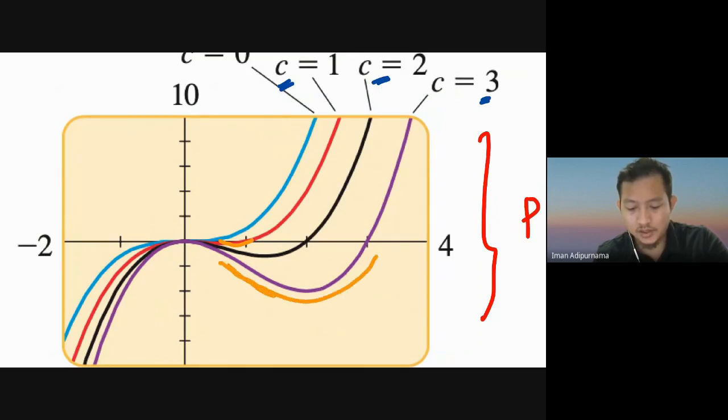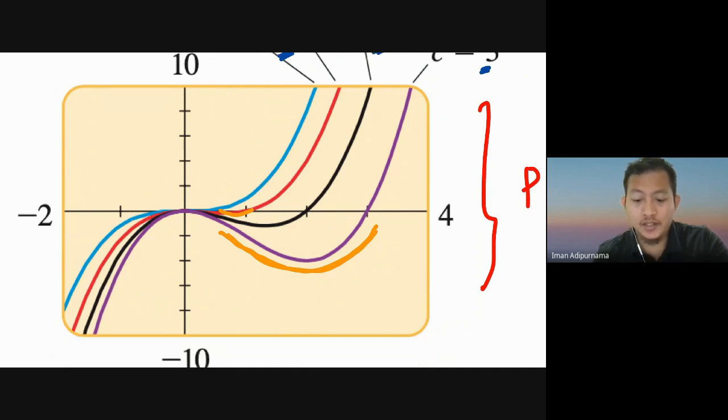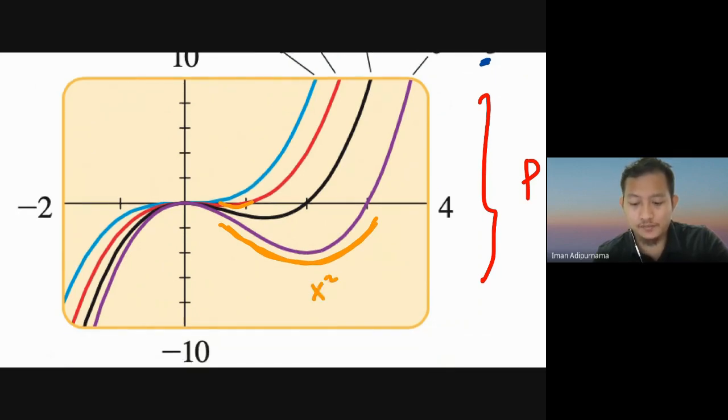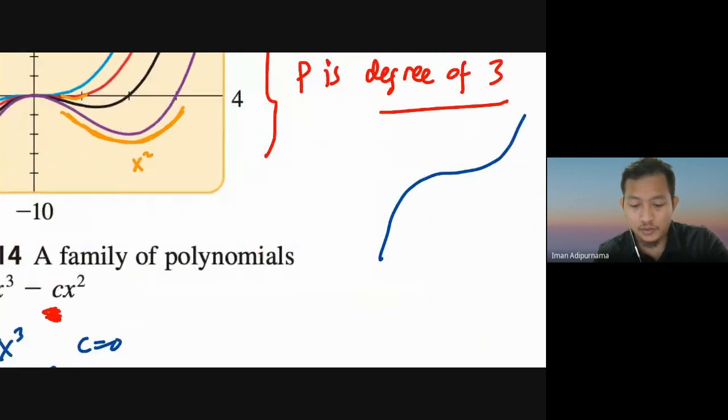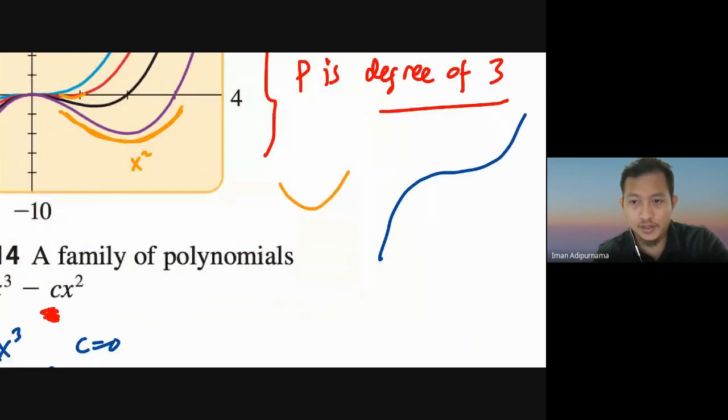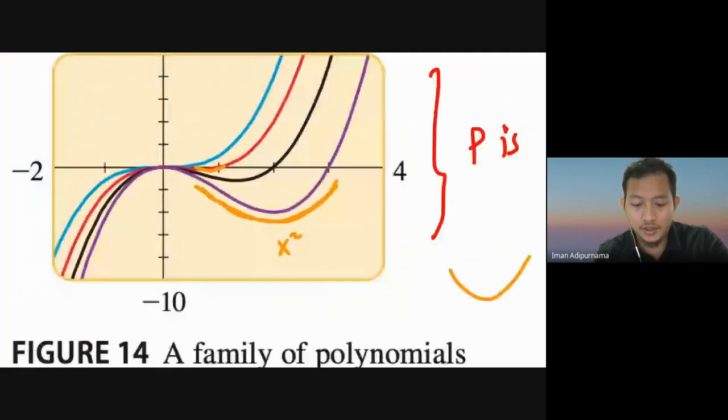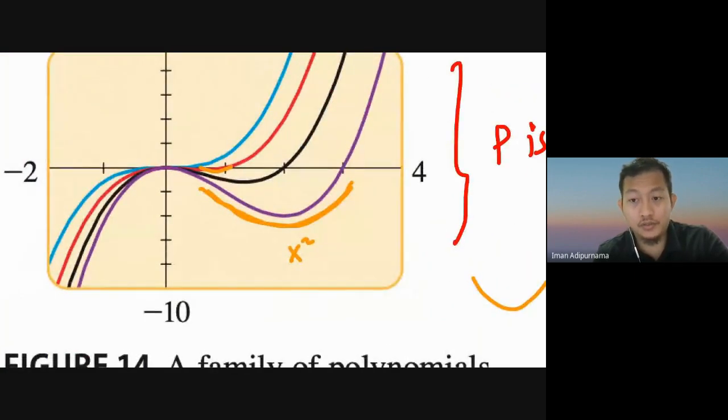What is this curve about? This is actually an x squared. Remember that x squared you have like this, right? So in between of this whole degree of 3, you have a behavior of quadratic functions, like I said before.